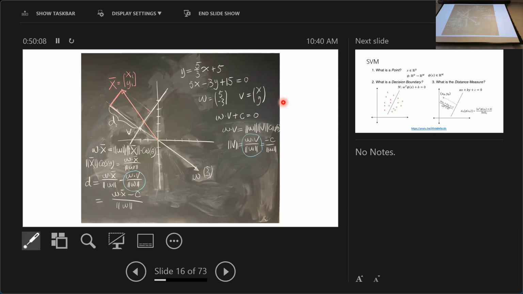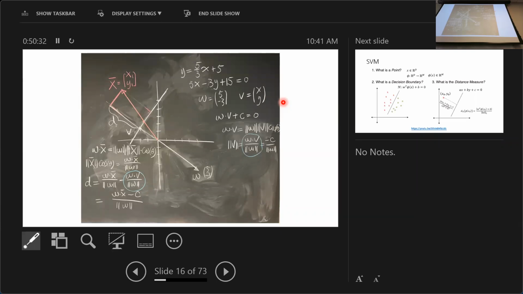That's it. I use this real example just to illustrate the distance between this point and here. If you have this line defined by W and C, you can write the distance for it.